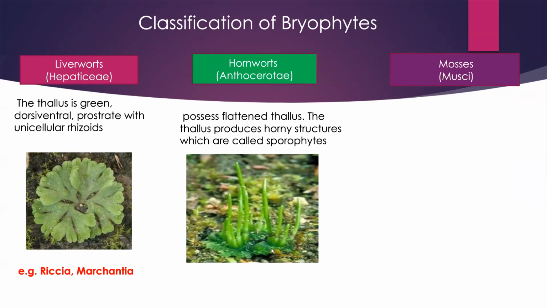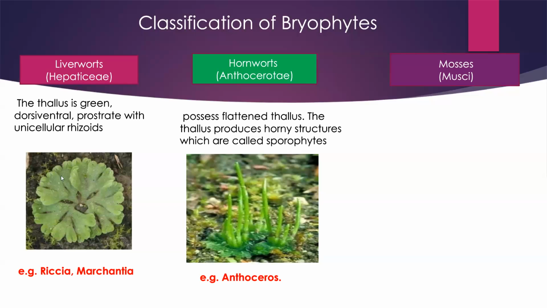At the base, you can see a flattened thallus, and from this flattened thallus, horn-like erect structures develop, and because of the presence of these horn-like erect structures, these bryophytes are called hornworts. And the example is Anthoceros. Okay, that is the name of this plant, which belongs to hornworts.